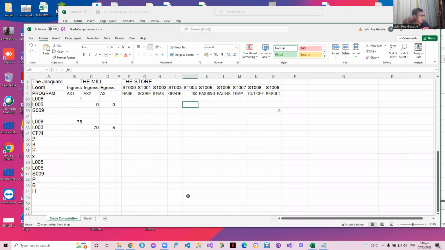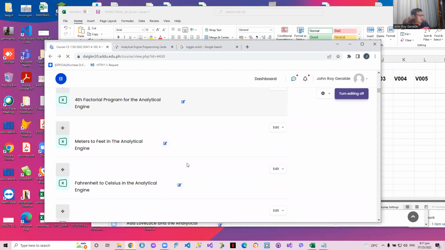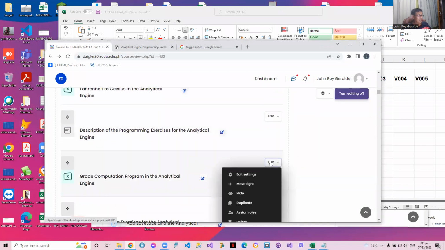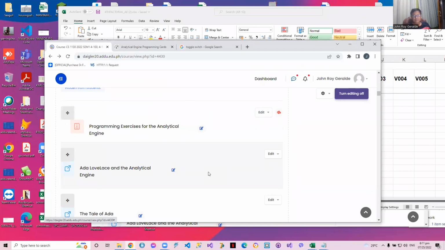I-hide ko muna ito. Let me study this first, no? I'll hide the grade computation, okay? I'll study this first before showing it to you. Any questions? You download the worksheet and trace it yourself, okay?